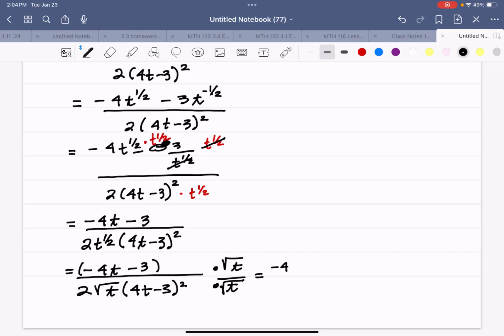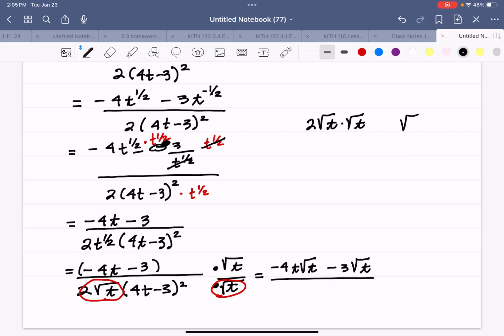Negative 4t square root of t minus 3 square root of t over, if I multiply this monomial times this monomial, okay, that's 2 square root of t times square root of t.